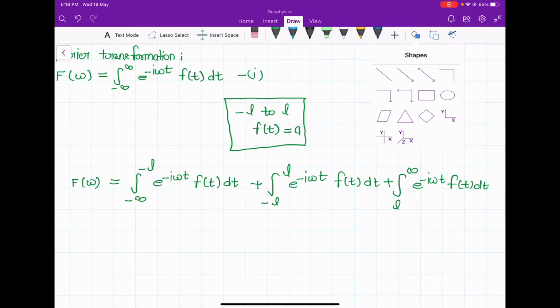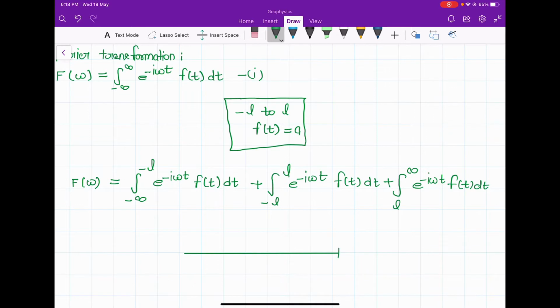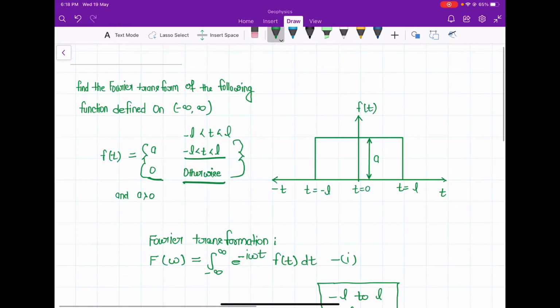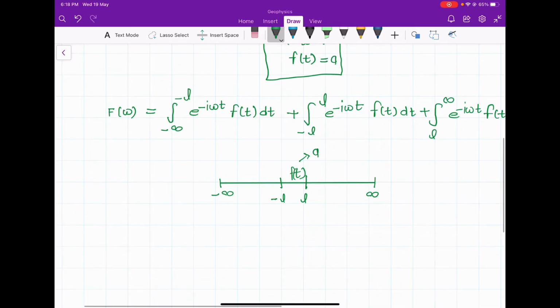Because if you draw a number line, and the first and last ends are minus infinity and plus infinity, and here another interval minus L to L. So here f(t) is A, and otherwise f(t) is 0, so that will be 0 and that will be 0.